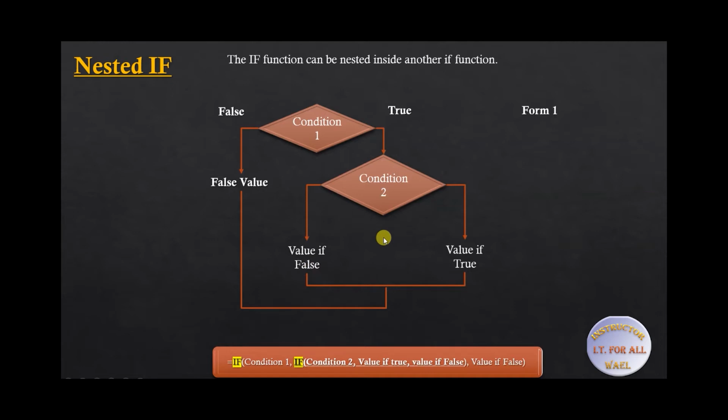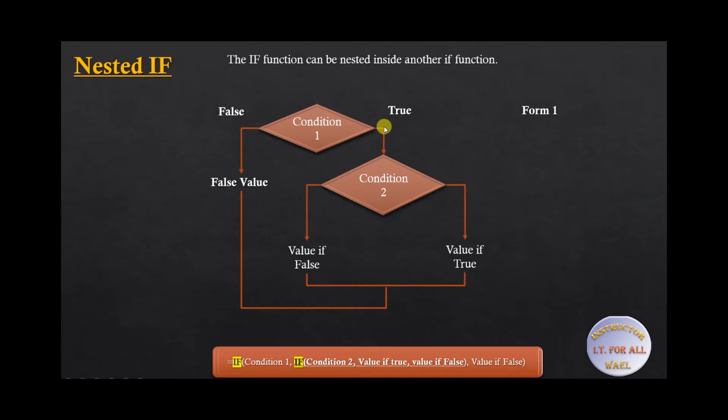I'm going to give you three forms of it because these are the most frequently used ones and also the most complicated ones. Once you understand this concept, you can go through it easily. So the first form: you have an IF statement, condition 1. You have the first component, true.